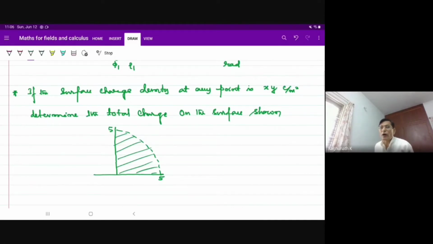in the Cartesian coordinate system only, somebody has given it like this: x-axis, y-axis. This line is x squared plus y squared equal to 25. I can first of all go for a vertical strip.